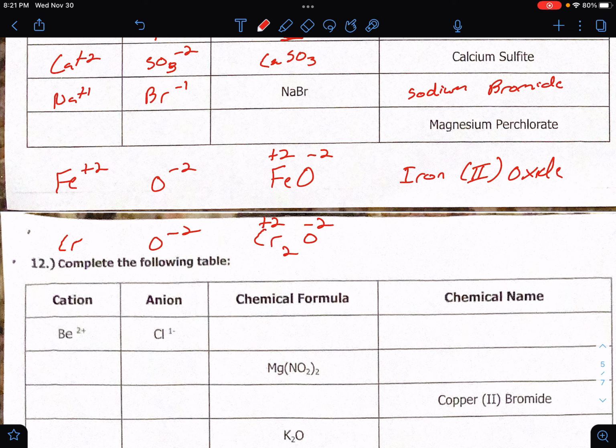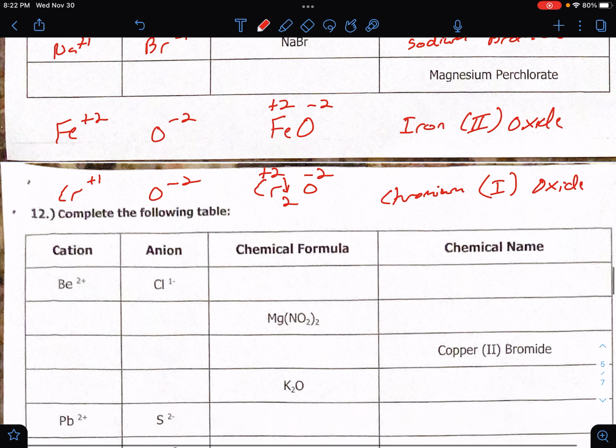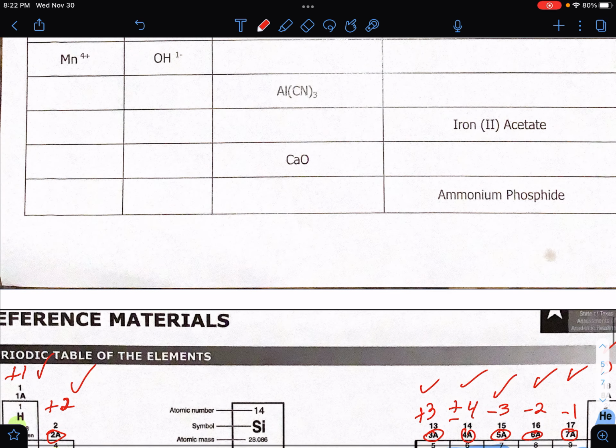Now in this case, you have 2 chromiums to share that +2 charge. So what you're going to do is take this 2 and divide it by however many you have. So 2 divided by 2, that means each chromium would be a +1. So that's your charge. So my name would be chromium 1, and oxygen becomes oxide.